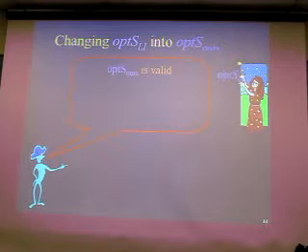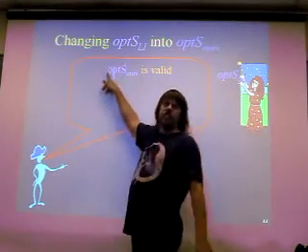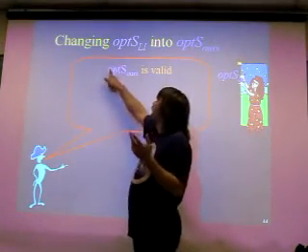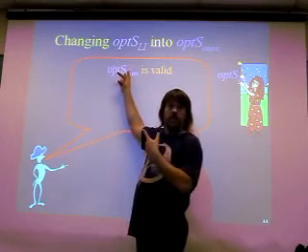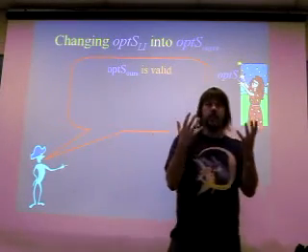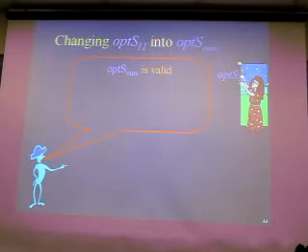So she was holding optimal solution sub Li, and now she's holding this. We need to prove that it's valid, consistent with the previous decisions and the new decisions.